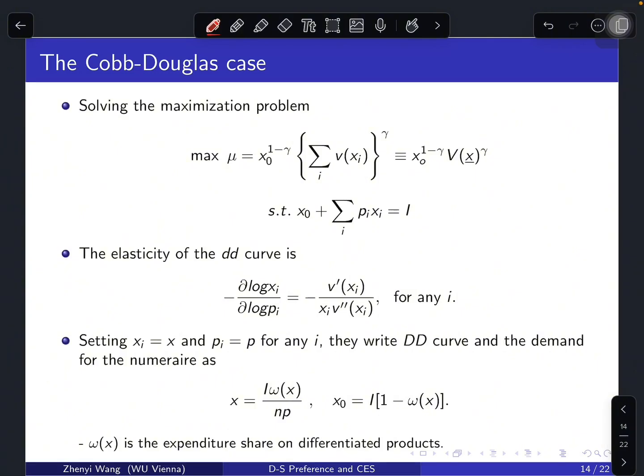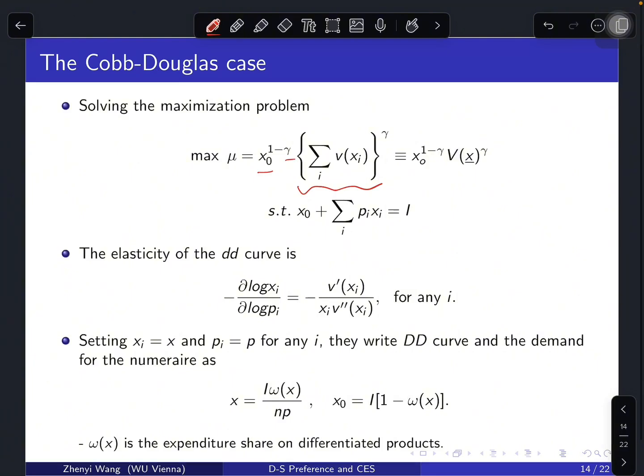Now let's shift to the second case, the Cobb-Douglas case. The utility function combines the numeraire good x0 and a term for differentiated products Vx with a budget constraint. Here the intersector elasticity represented by gamma is the elasticity between the numeraire good and the differentiated products, while the intrasector relationship across different differentiated products is in a more general form.